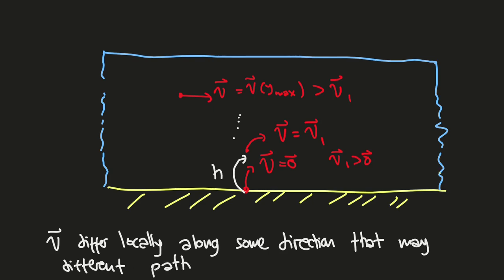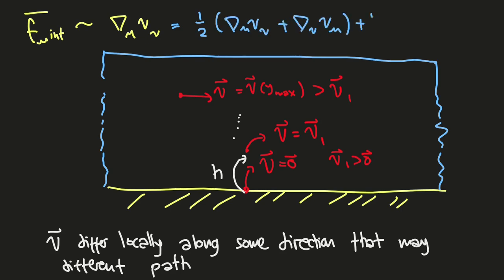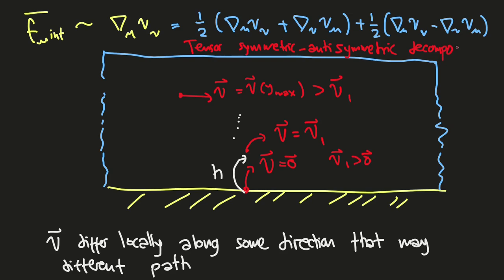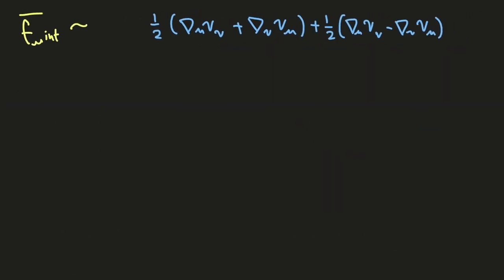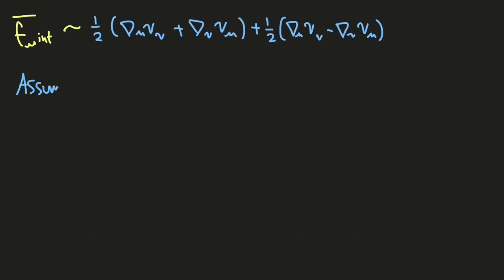By this illustration, we can see that the v vector differs locally along some direction that may take a different path from its velocity. So here, F bar internal mu is proportional to the covariant derivative mu of velocity nu, which we can decompose as this, known as the symmetric and antisymmetric tensor decomposition. By this proportionality, we can characterize viscous fluid in particular. Next, we assume that in our continuum body there is no intrinsic angular momentum.